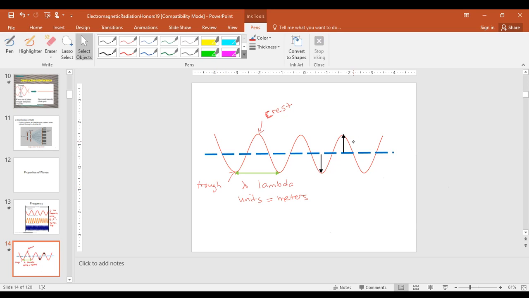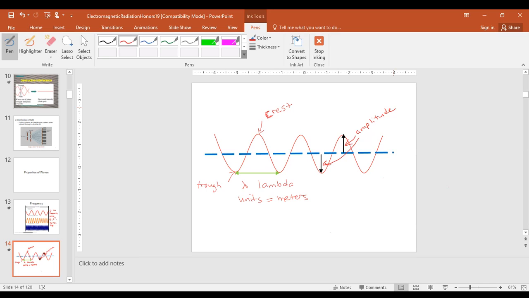The black arrows on the slide represent the amplitude. So when we think about very bright light, it would have a large amplitude. Very dim light would have a very low amplitude.